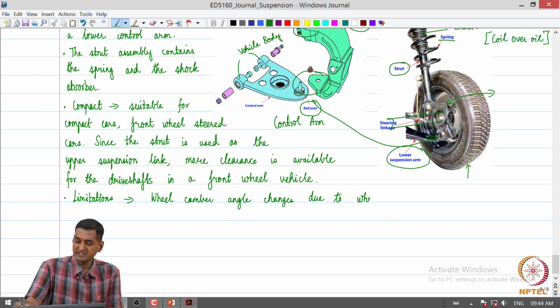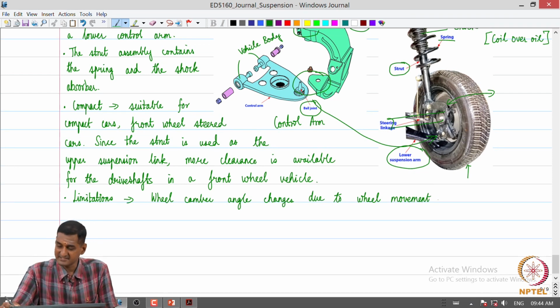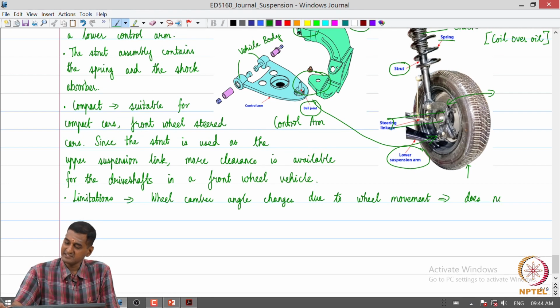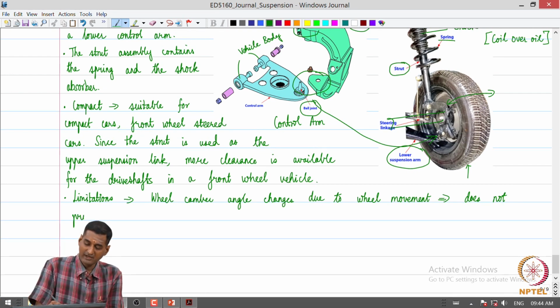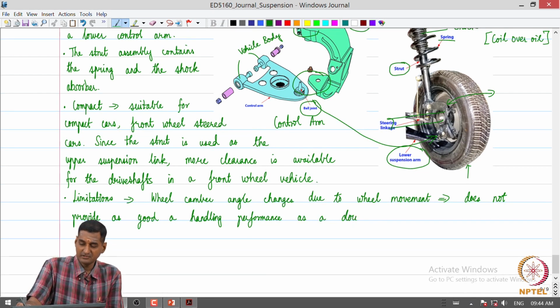So, the McPherson strut is not very effective in addressing this. So, this implies that the McPherson strut suspension does not provide as good a handling performance as the next choice that we are going to look at, which is what is called a double wishbone suspension.